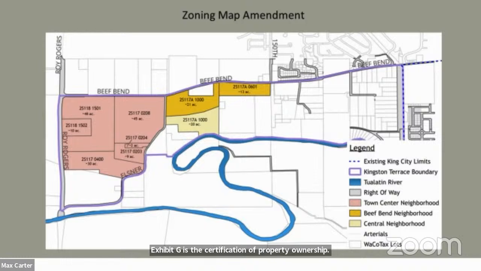Exhibit I, certification of registered voters. Exhibit J, double majority worksheet. Exhibit K, Washington County letter of concurrence. Exhibit L, wetland delineation reports for subject property. Exhibit M, Oregon freshwater wetlands assessment method. Exhibit N, floodplain analysis, and Exhibit O, the notice reports.